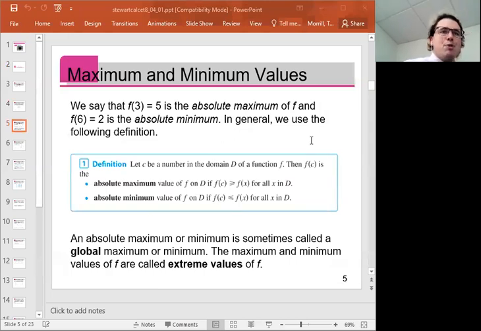So we do want to distinguish between the absolute maximum and the absolute minimum. Those are the largest and the smallest values anywhere inside the domain of the function. But, maybe we could have some things that at least look bigger than anything else nearby, or smaller than anything else nearby.